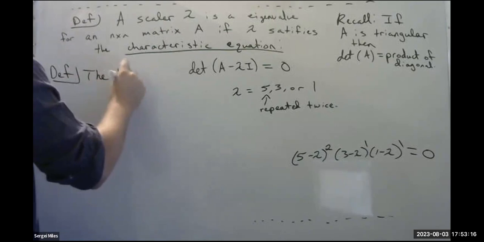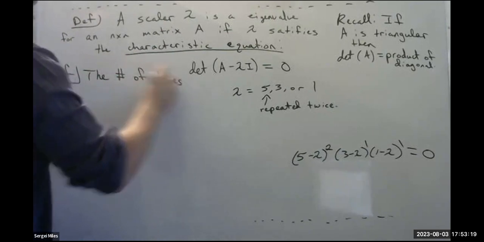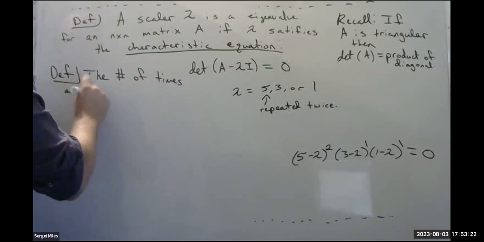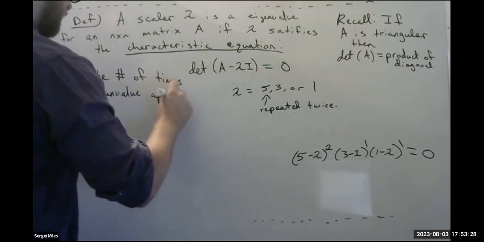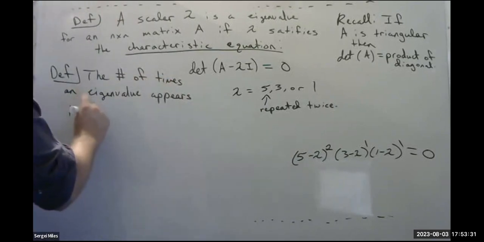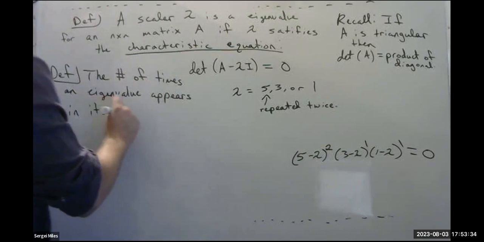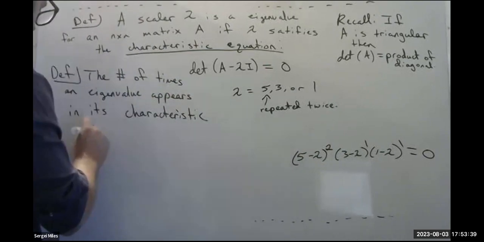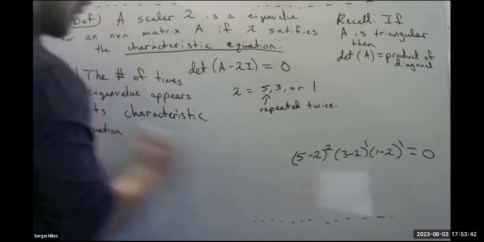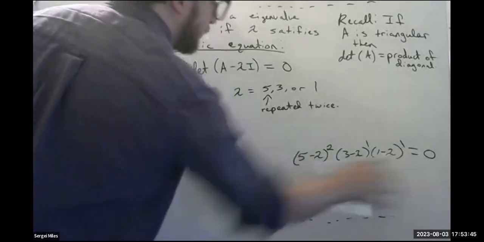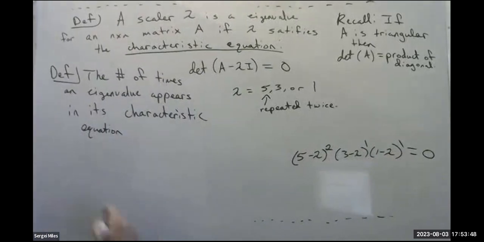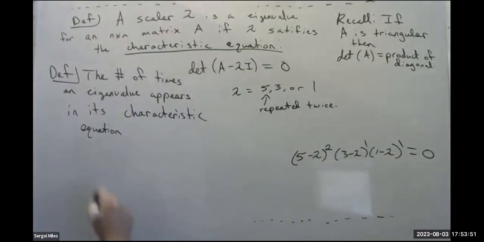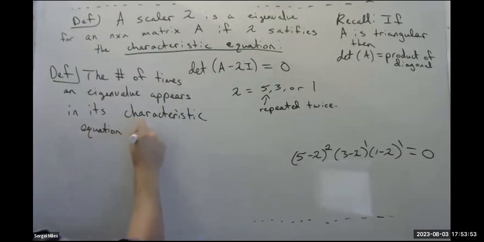The number of times an eigenvalue appears in its characteristic equation, which is precisely what this is right here. This was the characteristic equation that we calculated. The number of times an eigenvalue appears in its characteristic equation is its multiplicity.